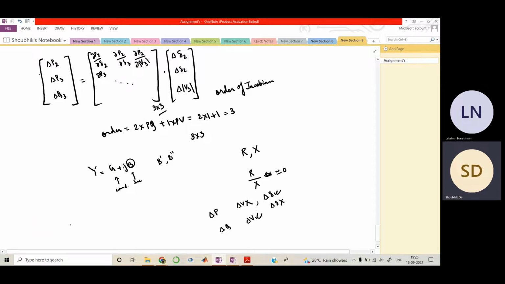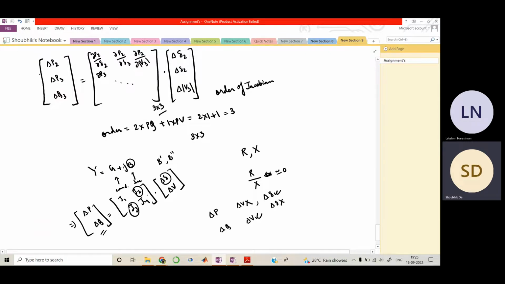If you construct this Jacobian matrix for the load flow, you would get something like this. Your load flow matrix would be J1, J2, J3, J4, multiplied by del delta and del V. Since P depends only on delta, J2 and J3 would be 0.